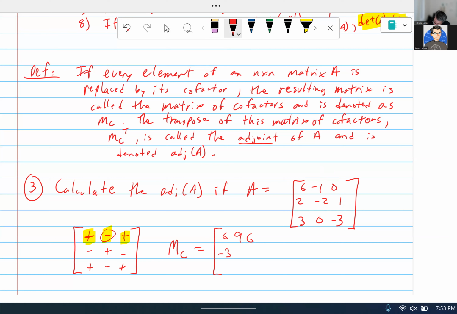Then -2, cross off row and column. That's 6 times -3, which is -18, minus 3 times 0, which is 0. So -18, and it stays negative because I multiply by a positive.